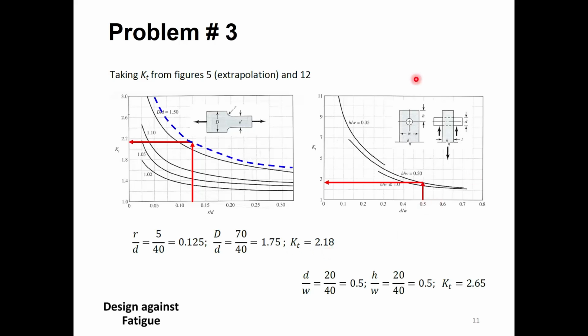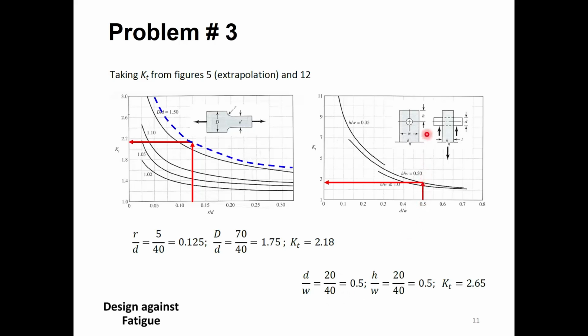On the right-hand side, we have to find the ratio between the diameter of the hole over the width of the plate, which in this case is 20 over 40, 0.5. So we have identified the first point here.